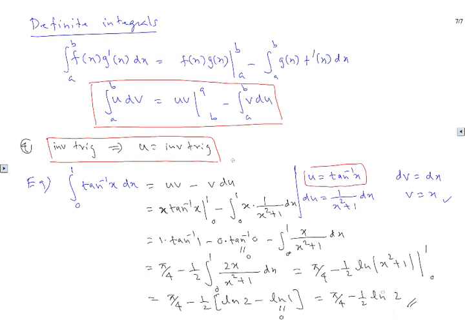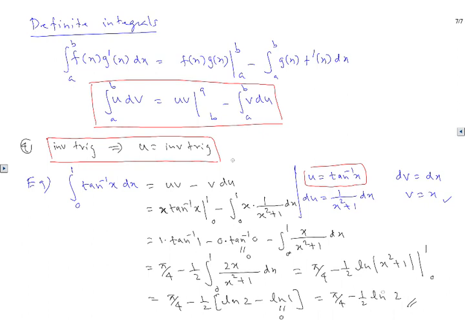But look at this problem. You can see what's going to happen: you plug in the values after you're done. For the uv, you can directly plug in the values. For the other one, it just becomes another definite integral, so you just do it the way you do definite integrals. This is not that difficult, but you still need to practice it a little bit.